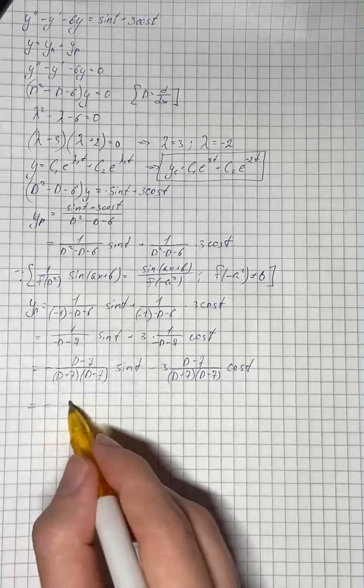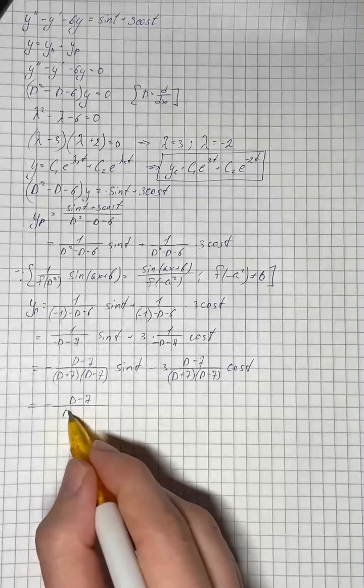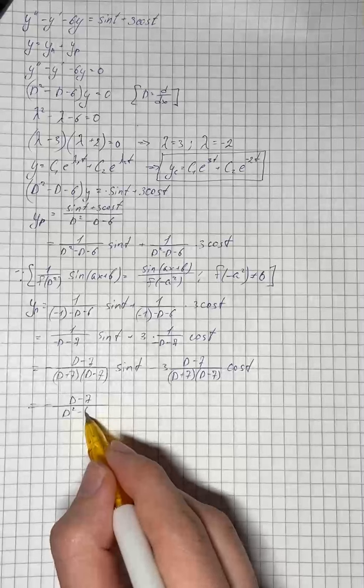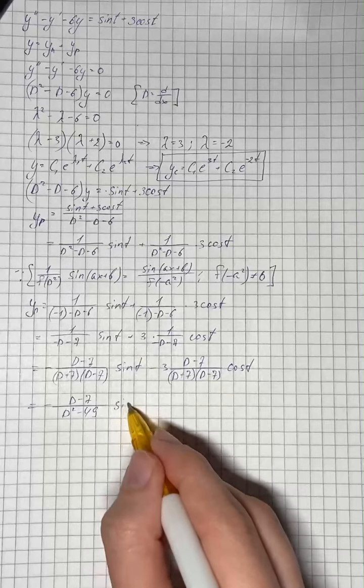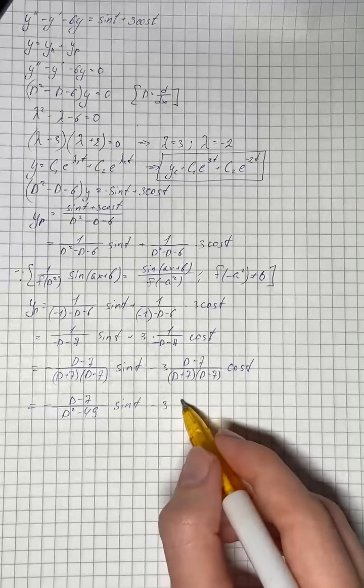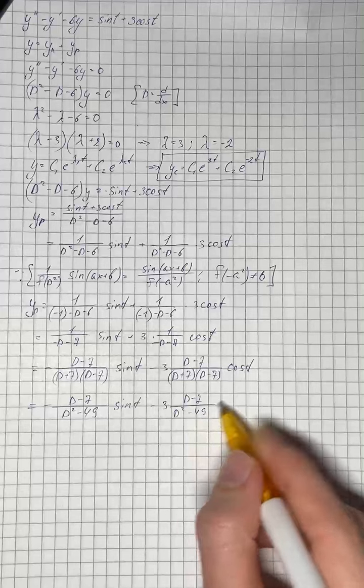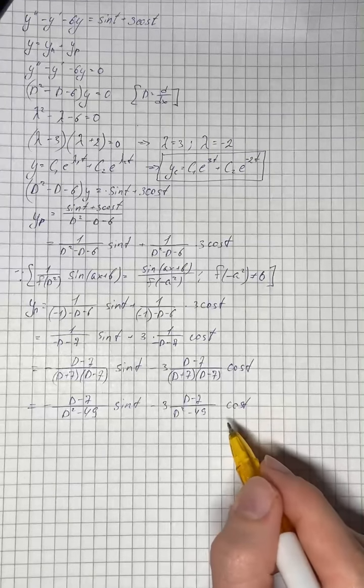So now we have the difference of two squares formula in the denominator, so that's (D squared minus 49) times sine of t and minus 3 (D minus 7) over (D squared minus 49) times cosine of t.